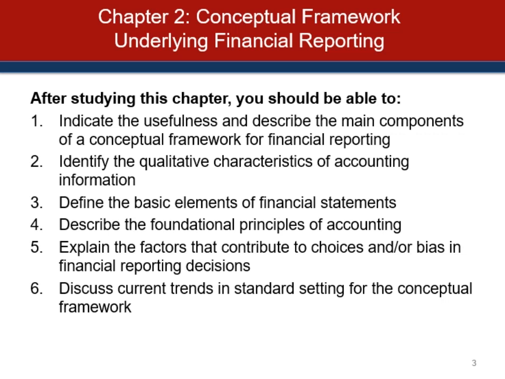And so we want to produce a set of financial statements that reasonably show the transactions of the company without introducing all of the sources of bias that we talked about in chapter 1. And then we'll finally talk about current trends, what's happening now in standard setting in this particular area of the conceptual framework.